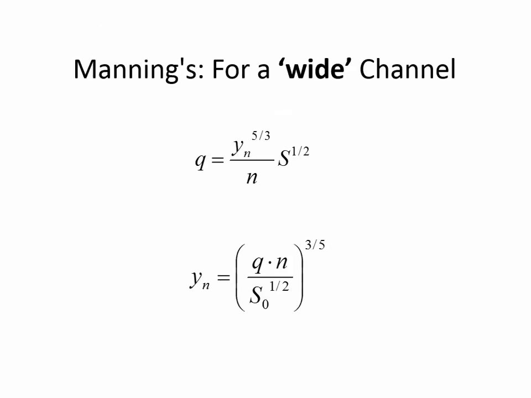Just to continue our discussion of what is a wide channel, here's Manning's equation for a channel that's wide. So it's easier for us to find the normal depth. You can find the normal depth just by having the flow per unit width. That's what lowercase q is, it's big Q divided by B. So the normal depth is a bit easier to find if the channel is wide.